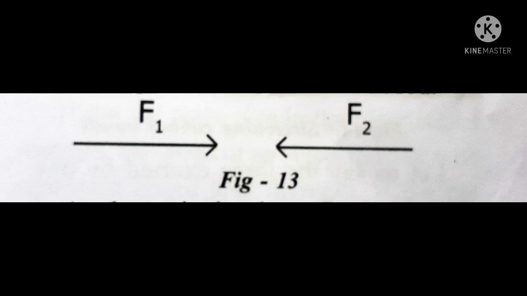Observe the figure. F1 acts towards the right and F2 acts towards the left. In the figure, the force F1 directed towards the right could be taken as positive and the force F2 acting towards the left could be taken as negative.